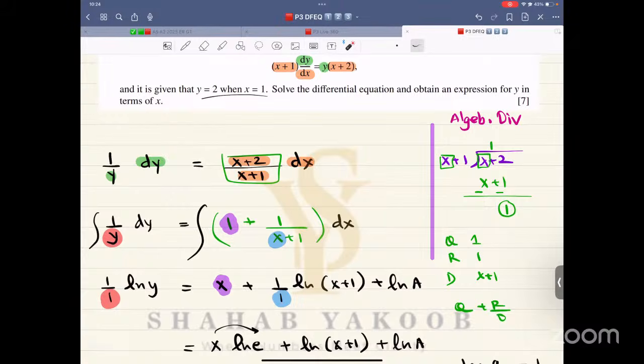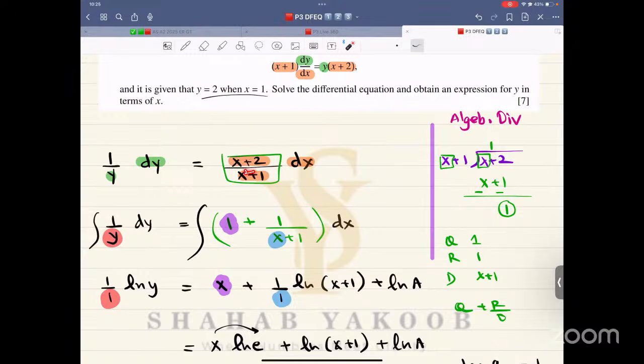Now, before we proceed, first look on the left-hand side. Can it be integrated? Yes, it will give us ln. Can it be integrated in this form? The answer is no. This is not a partial fraction because there is only one thing in the denominator. So it's not direct ln because there is not a constant at the top.